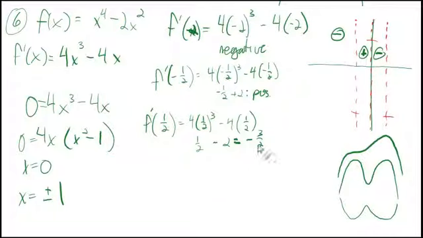And our last one we're going to pick, I would say 2. A nice whole number makes life grand. So 4 times 2 to the third minus 4 times 2. Yep. And that's 8 times 4. That's 32. Minus 8. That's, well, positive. That's all that matters. It's positive.